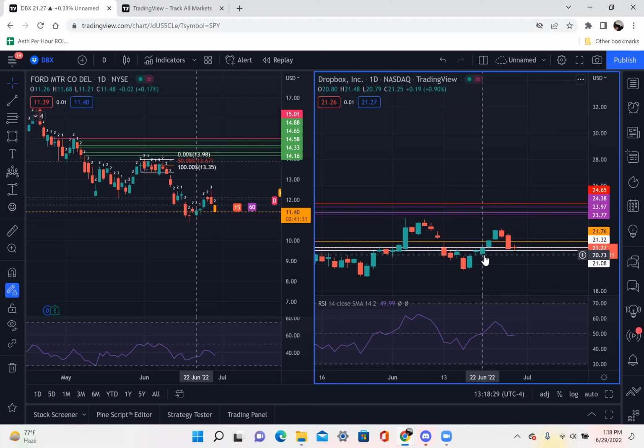But at the money, the 21.5 call is only worth $25. Your Greeks: your delta is 40, your gamma is 44. You're automatically making $88 if this underlying stock goes up $1, right?